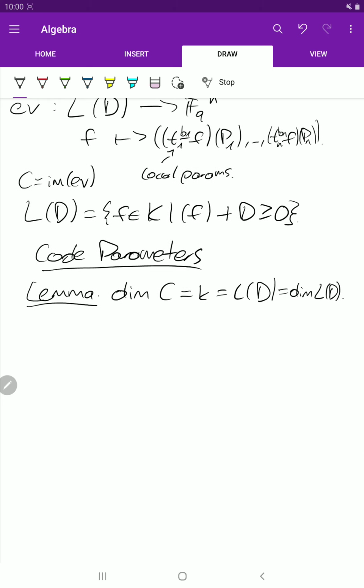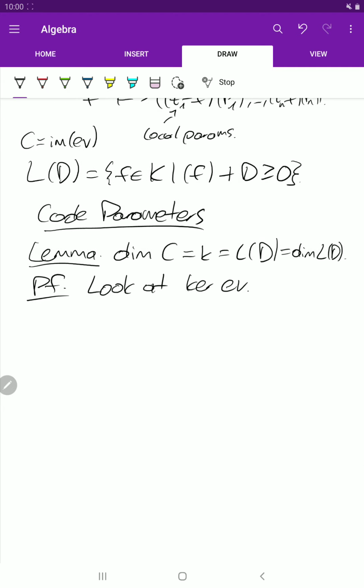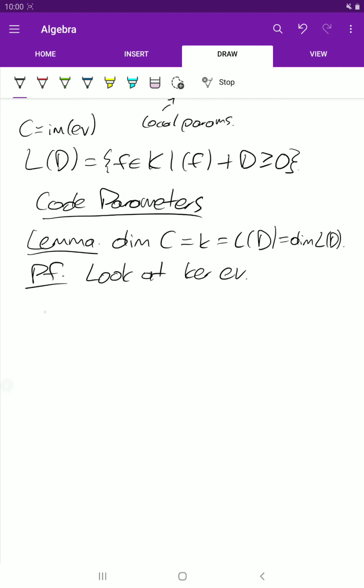And how do we prove it? Well, we just look at the kernel and we'll see that the kernel is trivial. So we have an injective map and then we are done. Let's start with something we've already seen before.